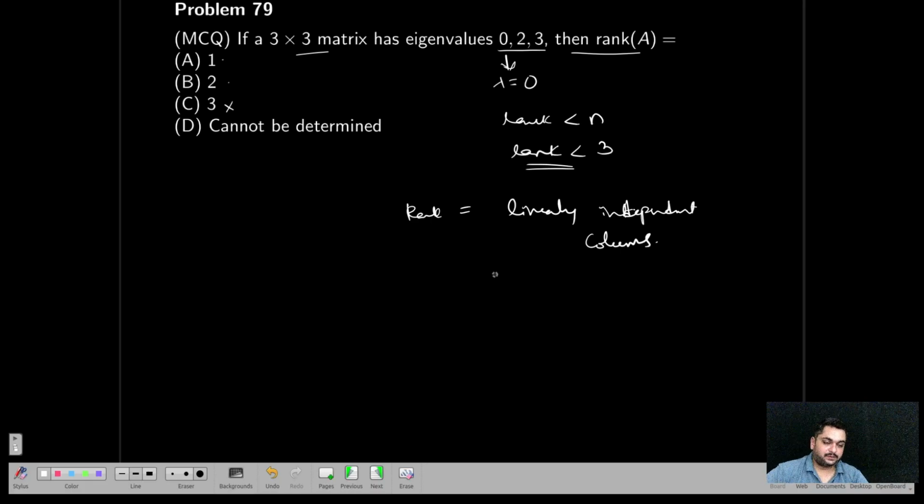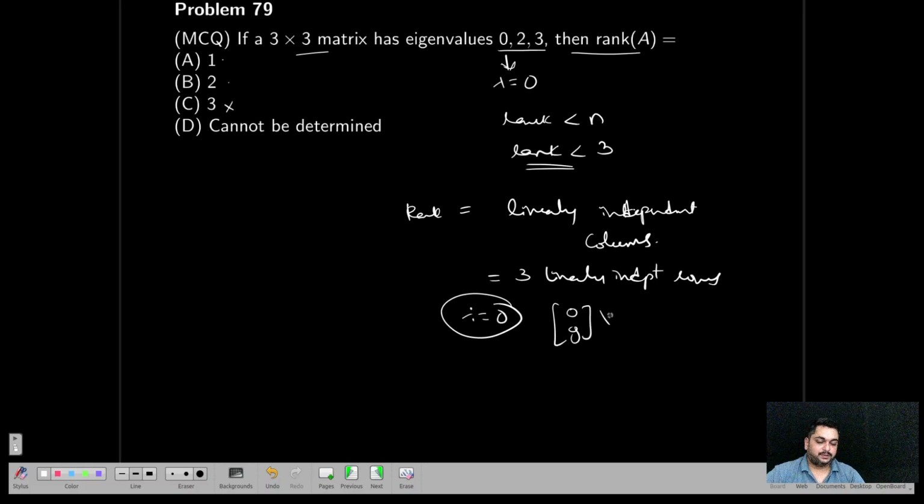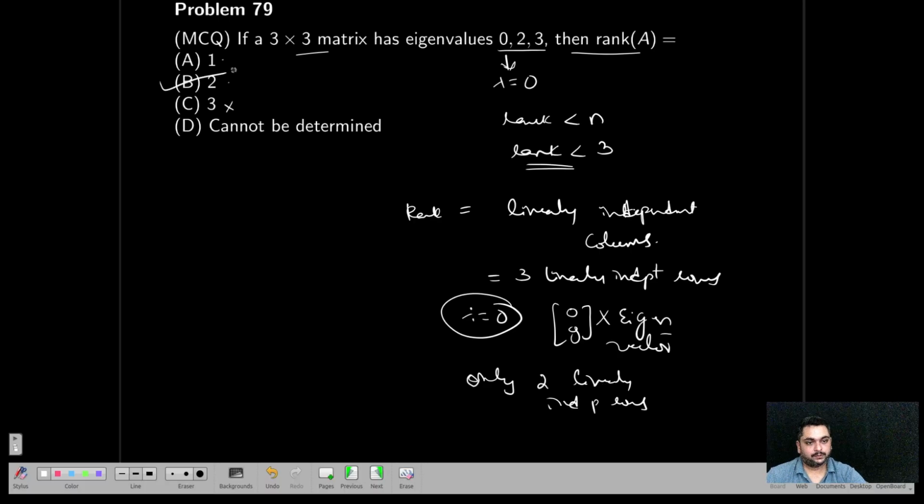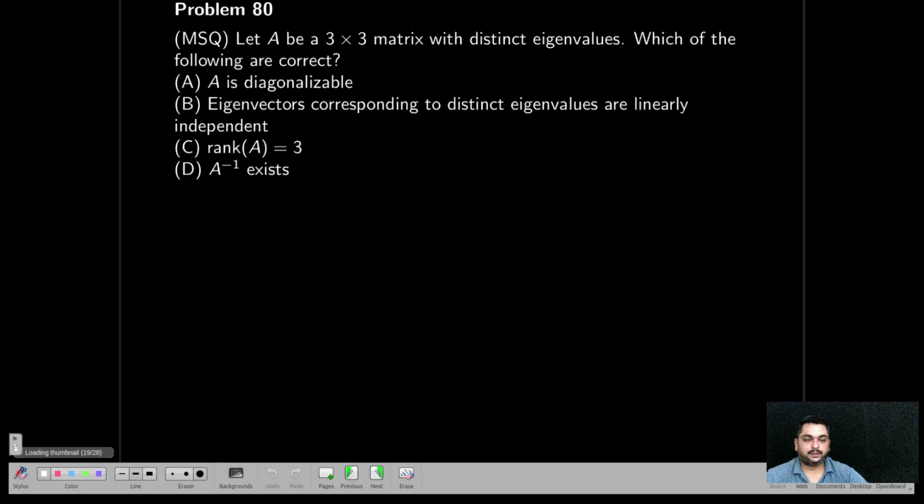Three distinct eigenvalues will give me three linearly independent rows. But one of them is lambda equal to 0. So that means one I will get as 0 vector, which is not an eigenvector. That's what I told you before. So that means I have only two linearly independent rows. Therefore, rank will be 2. Okay. Next.